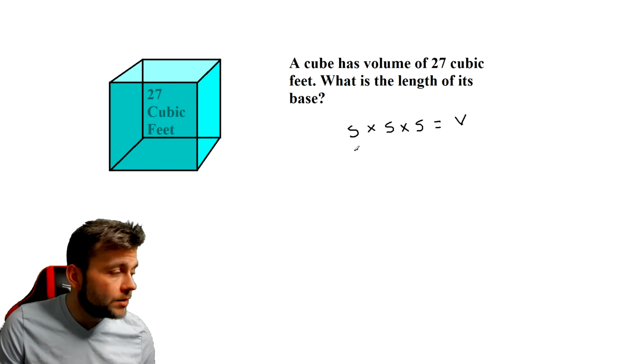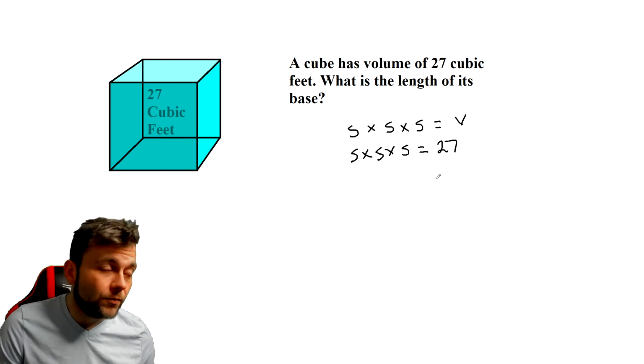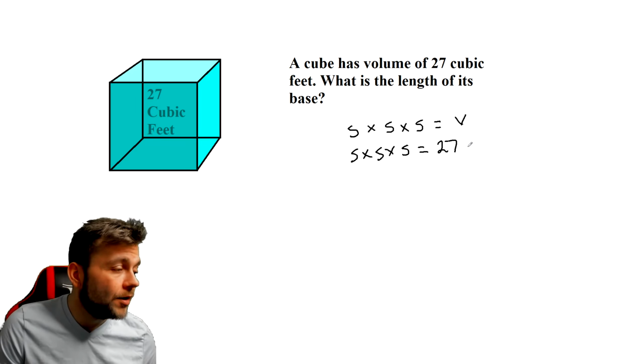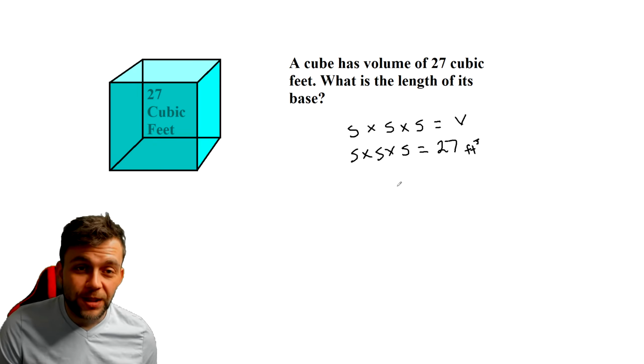So side times side times side equals 27 cubic feet. Don't forget your measurements. So 27 feet cubed. Okay. So what times what times what is 27?